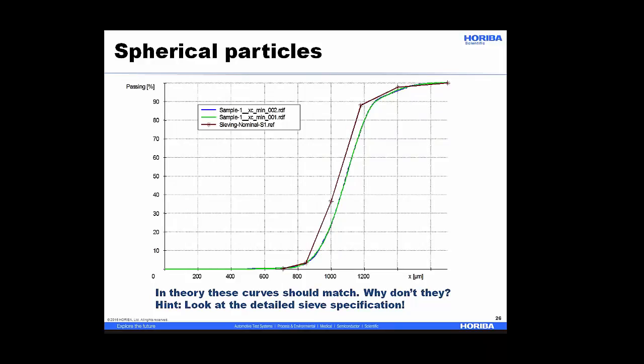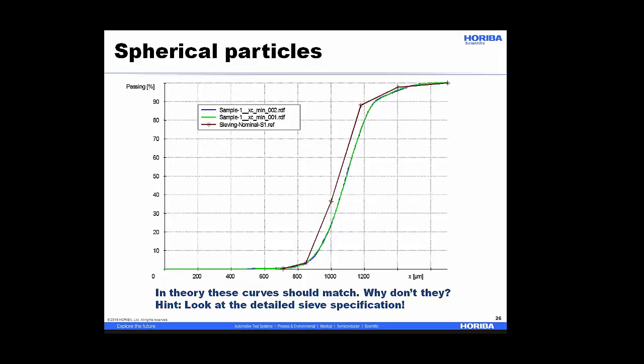Okay, well, sieves are always full of surprises. So here is a measurement of the diameter of some spherical particles shown in the green and blue. And in a few slides I'll get to how we did that measurement. And then here is the result of sieving, and those are the little brown stars, using the nominal sieve sizes.